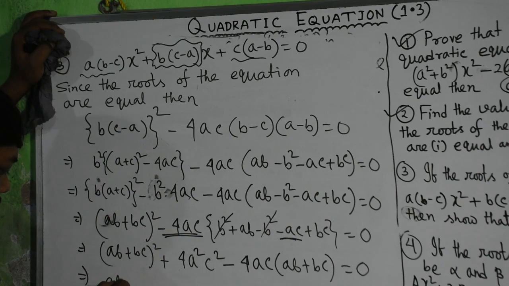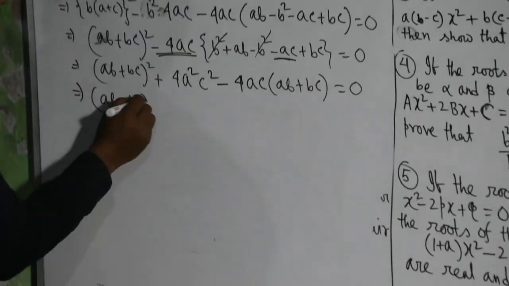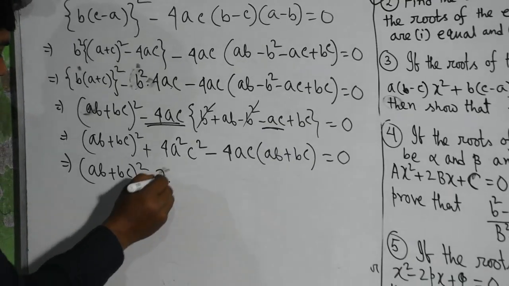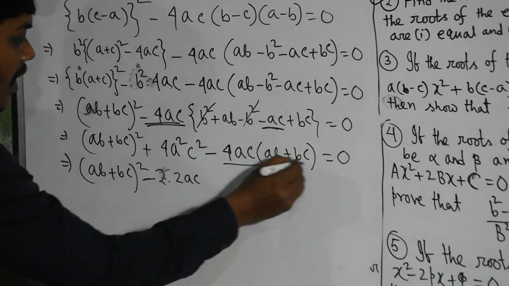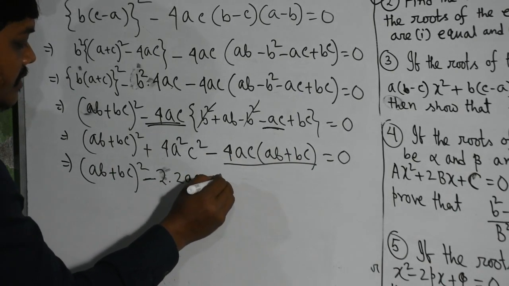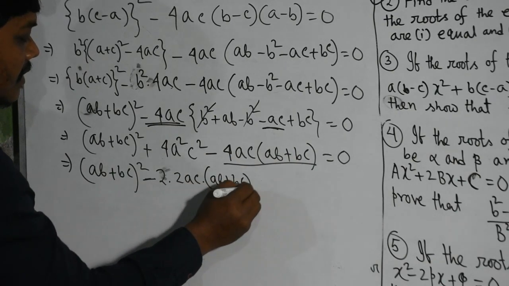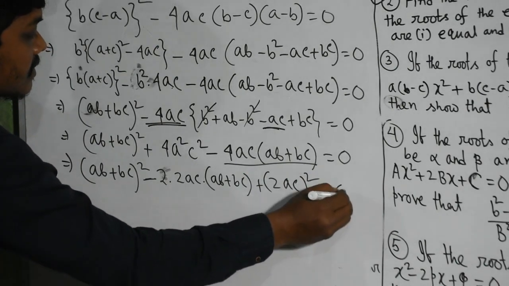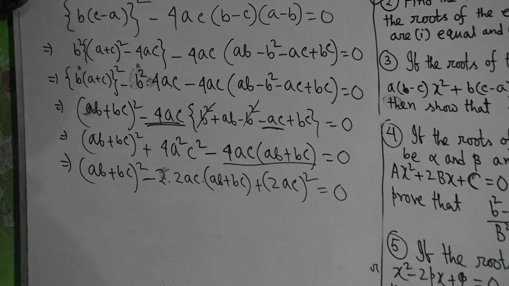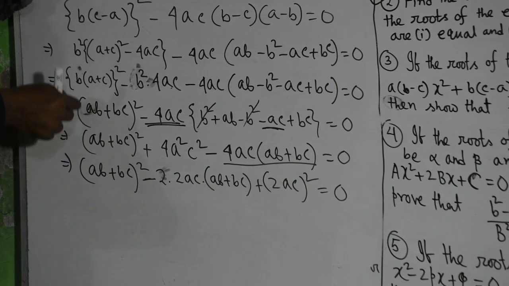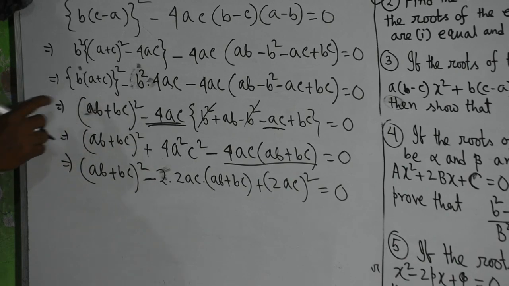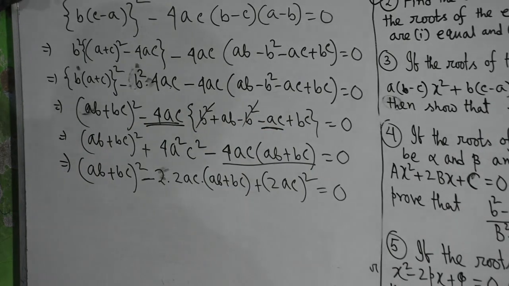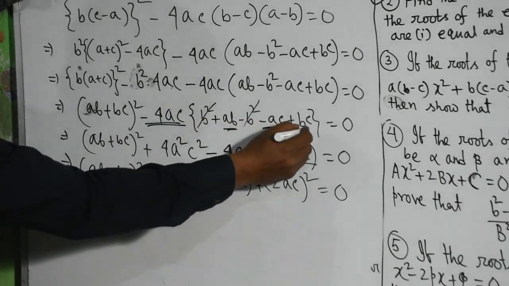So after this we can write down ab plus bc whole square minus 2 into 2ac, this part I have written, into ab plus bc plus 2 into ac whole square. I just rearranged it. So in these two lines you remind it. Okay, so I have taken 4ac and multiplying this part ab plus bc.